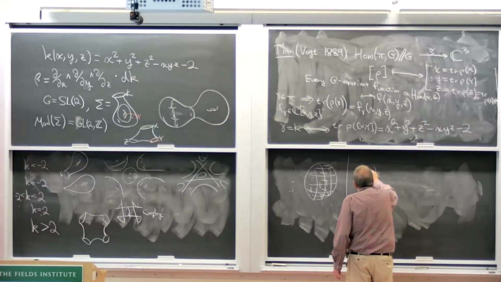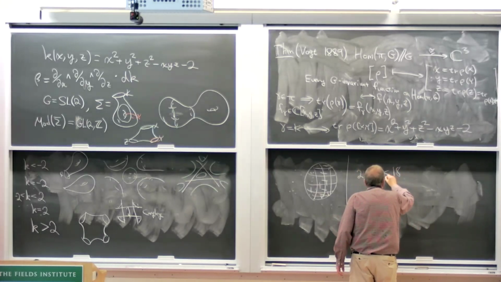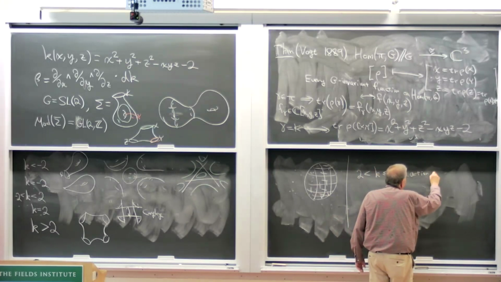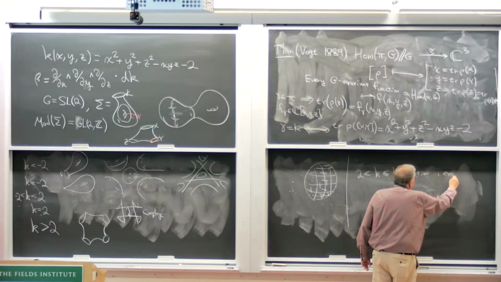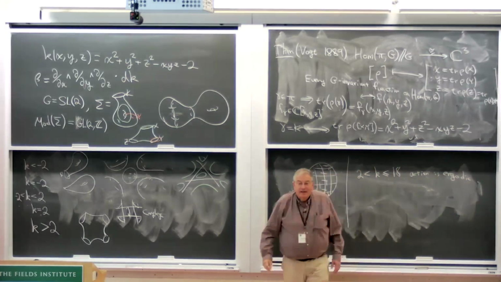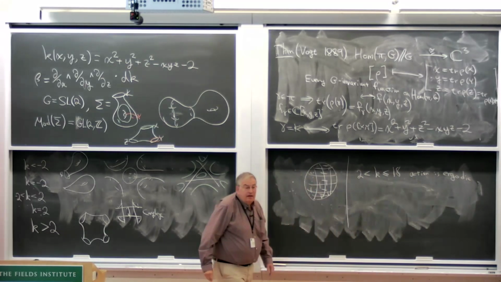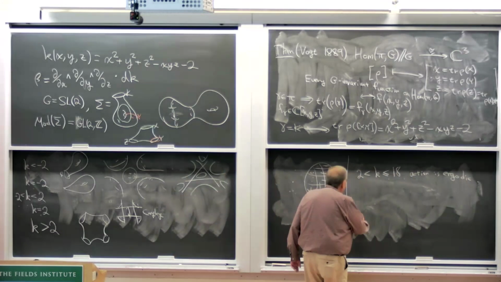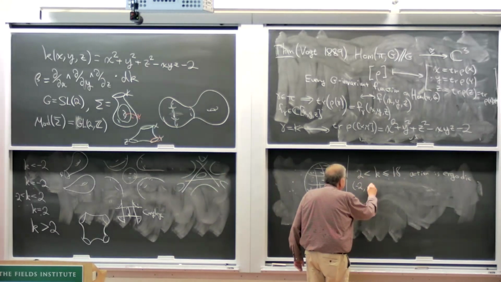So when k is between 2 and 18, the action is ergodic. But something mysterious happens when k is equal to 18, because now there's an interesting point, -2, -2, -2.